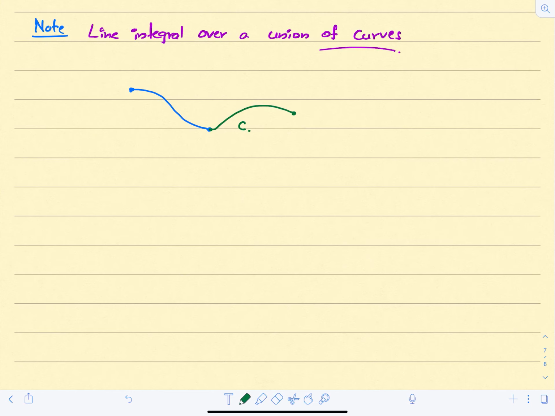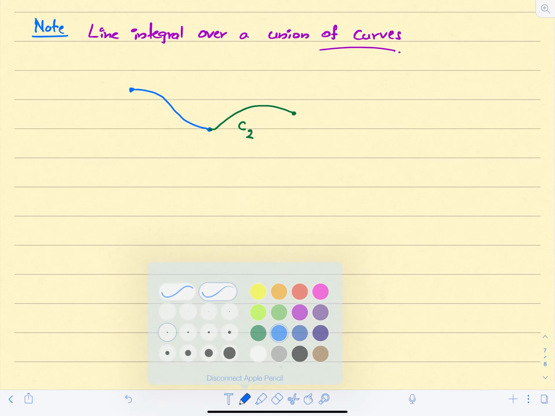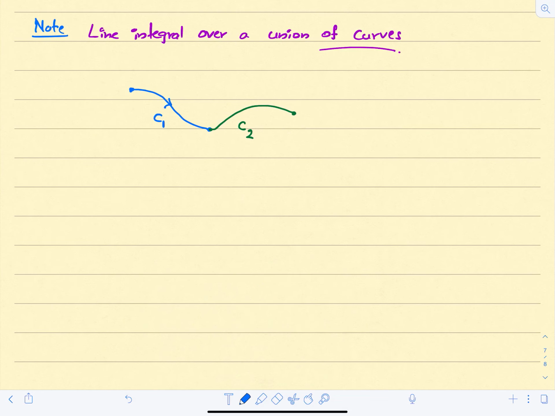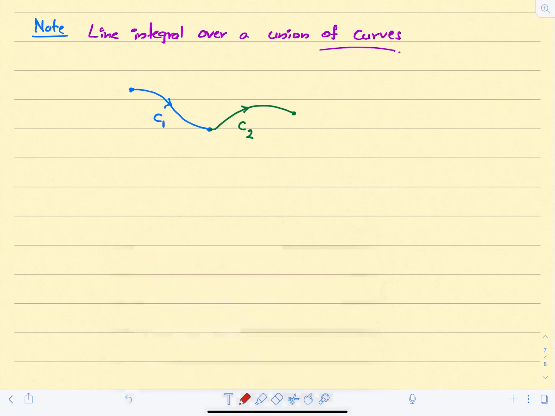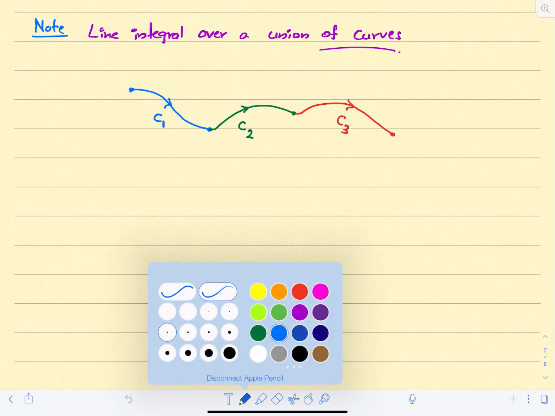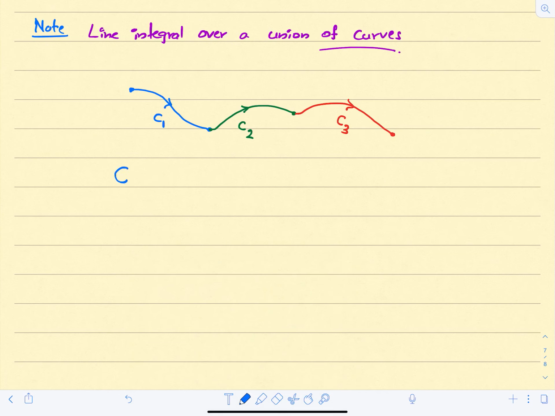So this is curve C2, this one is C1. Let's draw another one. So this is C3.